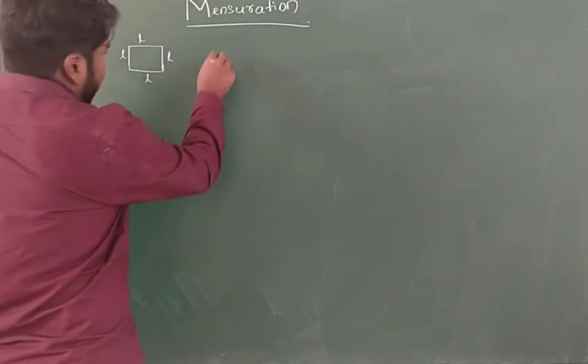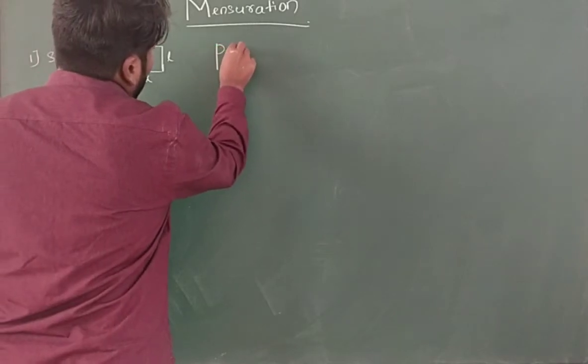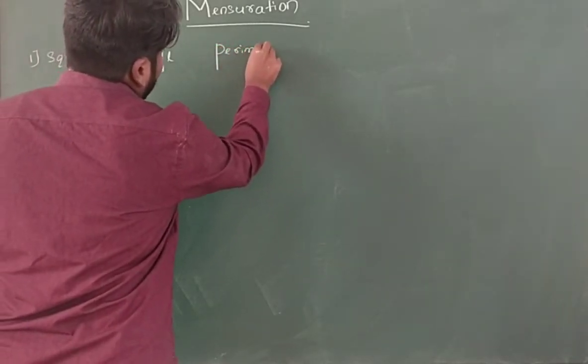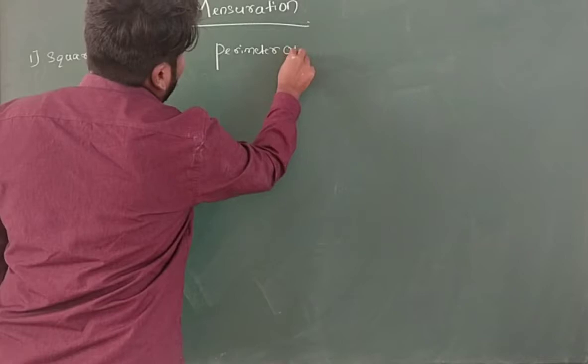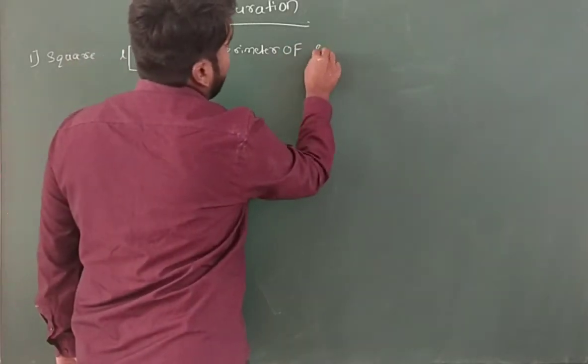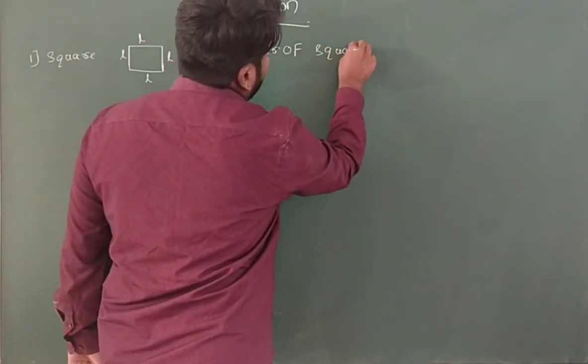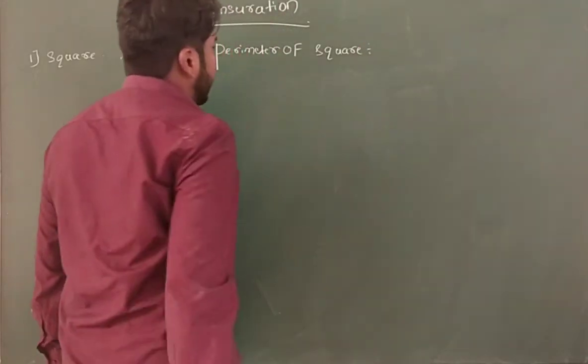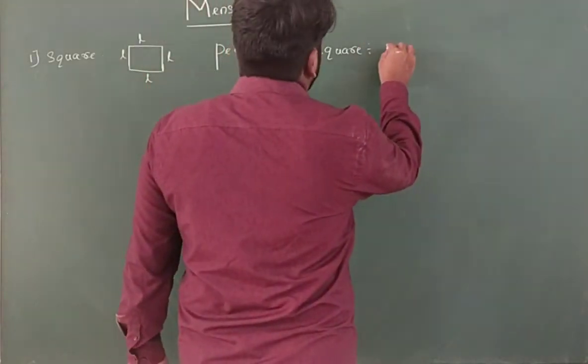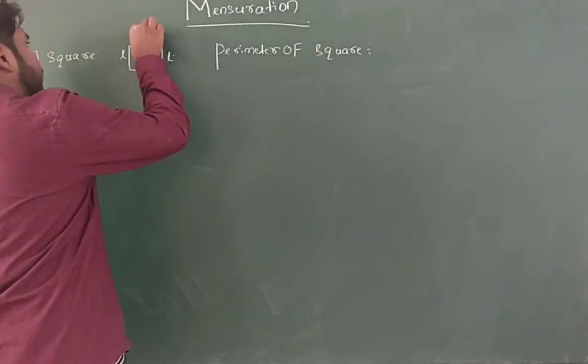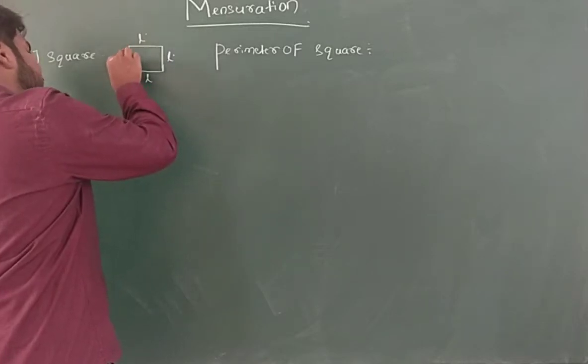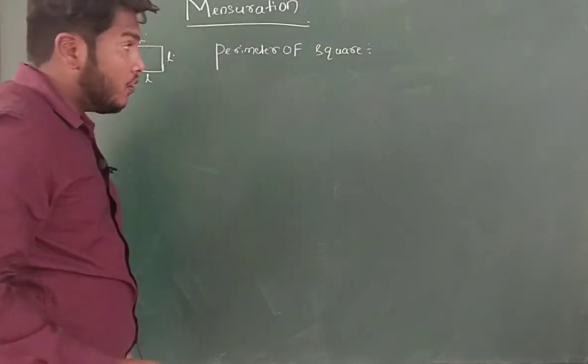What can we give as the perimeter of a square? The perimeter of a square has the formula: L plus L is 2L, 2L plus L is 3L, 3L plus L is 4L.